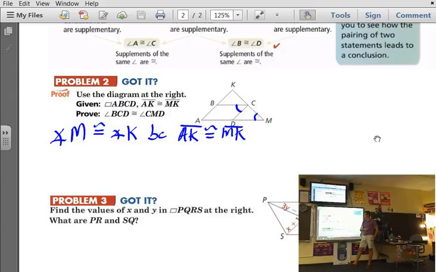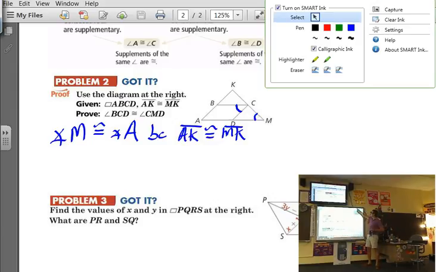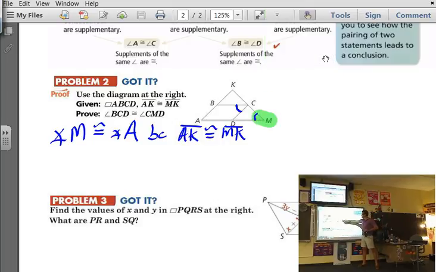Do you mean it's congruent to angle A? Yeah, M is congruent to A. My bad, I wrote the wrong thing. Because these are my two base angles, and they are opposite the two sides that we know are congruent, since they're in the same triangle, opposite congruent sides.